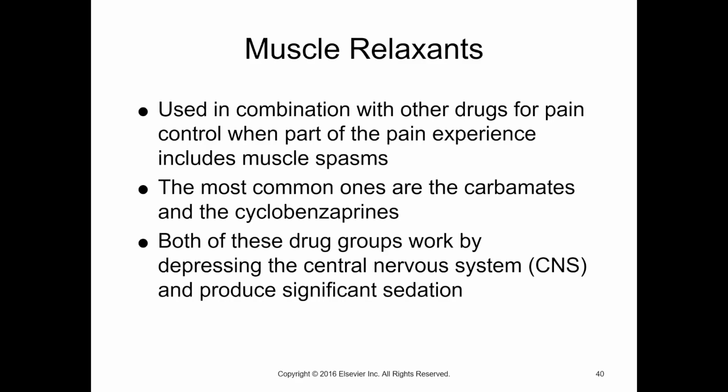Muscle relaxants. So many different drugs work as these. Carbamates and cyclobenzaprine are two of the most common types. The idea with these is that if you have damage to a muscle, the muscle can undergo a variety of different processes that can lead to it spasming. Well, guess what?